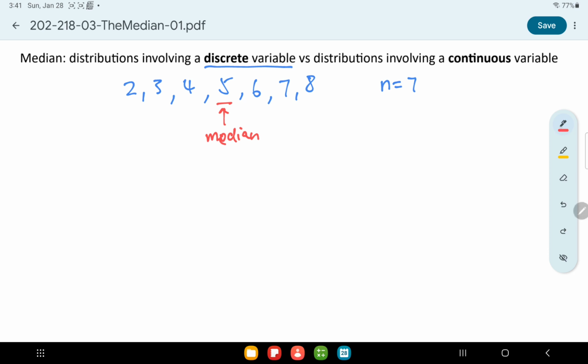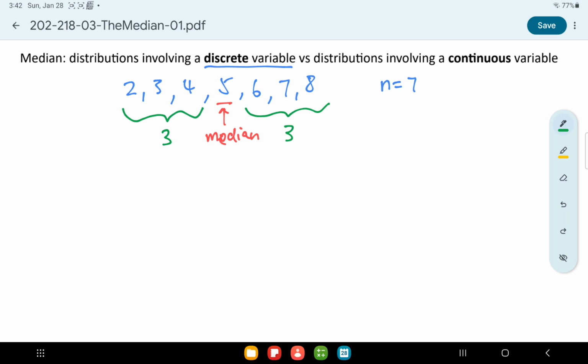Now, another way to double check whether this really is the middle number is to do this. To the left side of the median, how many numbers are there? We've got 3 numbers. And to the right side, 3 numbers. That is to say, the number of numbers that are smaller than the median ought to be the same as the number of numbers that are larger than the median.